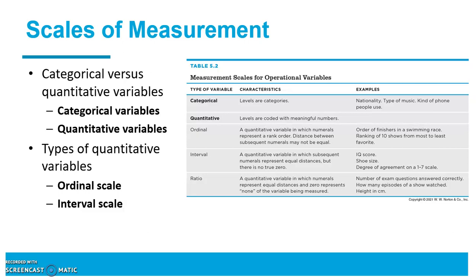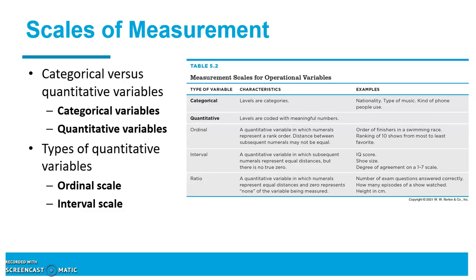Let's see, quantitative. There are three types of quantitative variables. So this is actual numbers that you can do math on. Ordinal. This is rank order. Okay, so these numbers are meaningful in that they indicate rank order, like first, second, third place in a race.